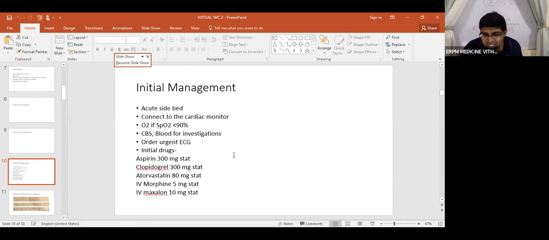This morphine can cause nausea and vomiting, so in such a case we may give some Maxolon also. So you have given the initial drugs. Yes or no? Initial drugs done.